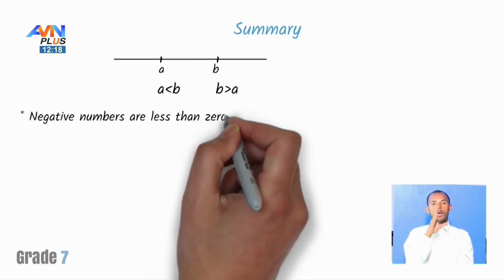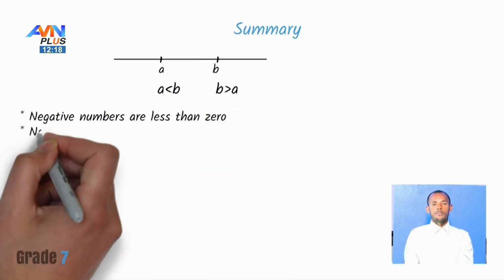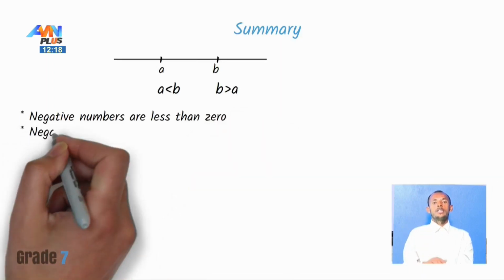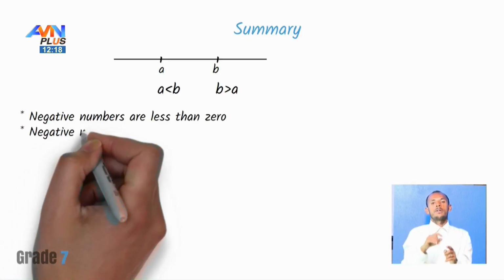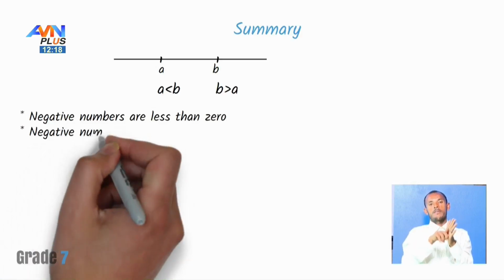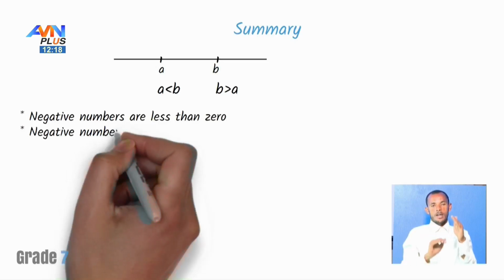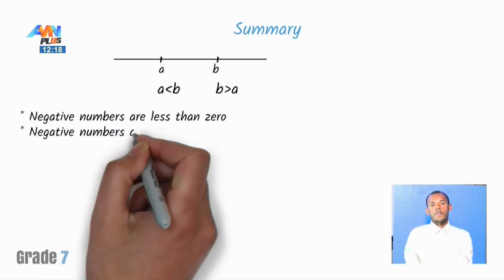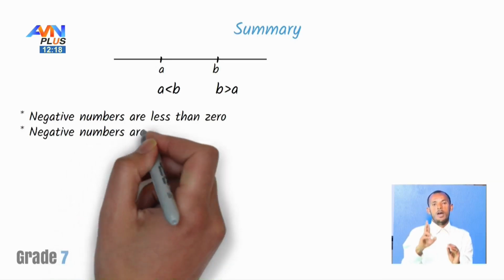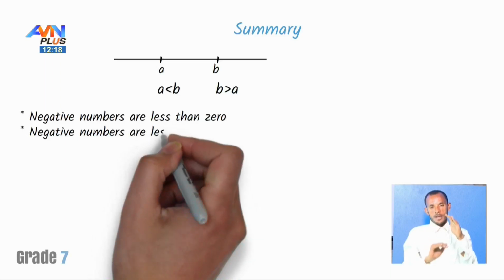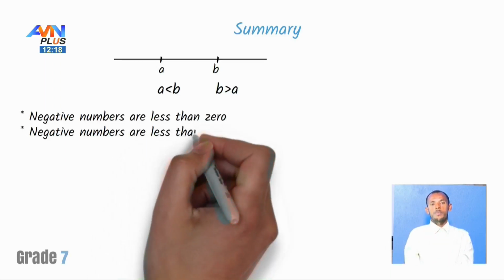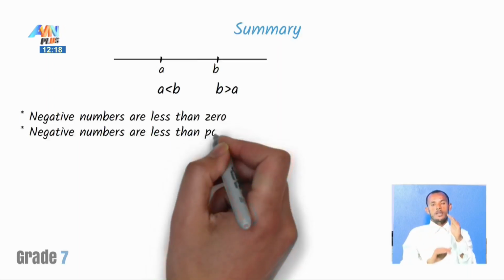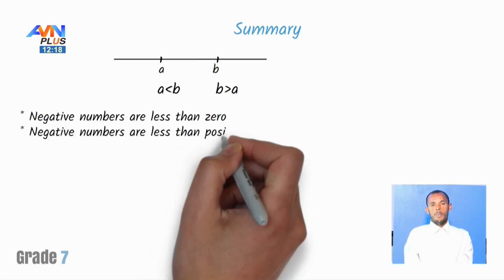And 0 is less than positive numbers. And when you compare a negative with a positive number, negative is smaller than positive. Again, negative numbers are less than positive numbers.